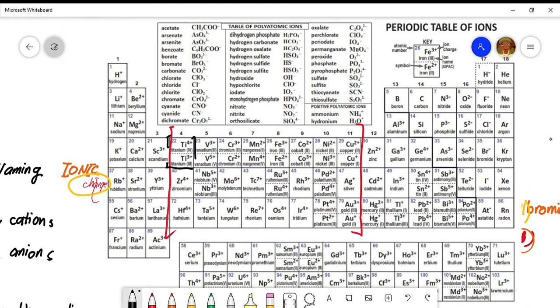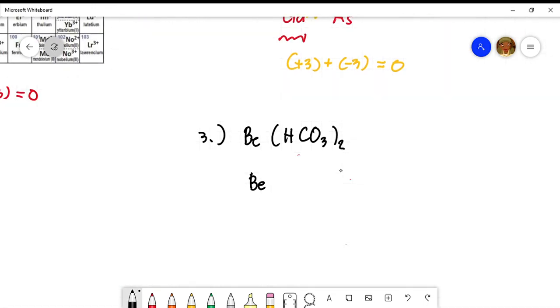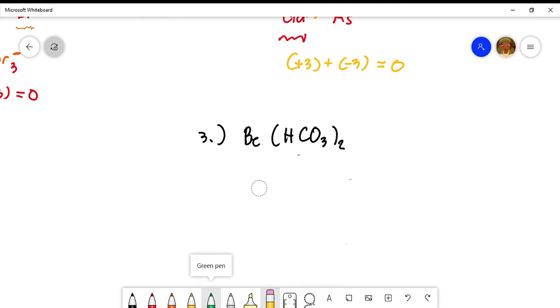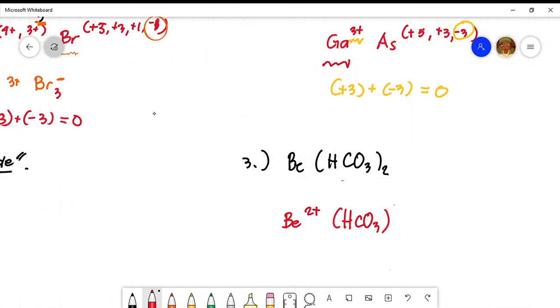And so let's just write this down. Beryllium is fixed to have a positive 2 charge, while HCO3, this polyatomic ion here, can be called a hydrogen carbonate, but is also known as bicarbonate.